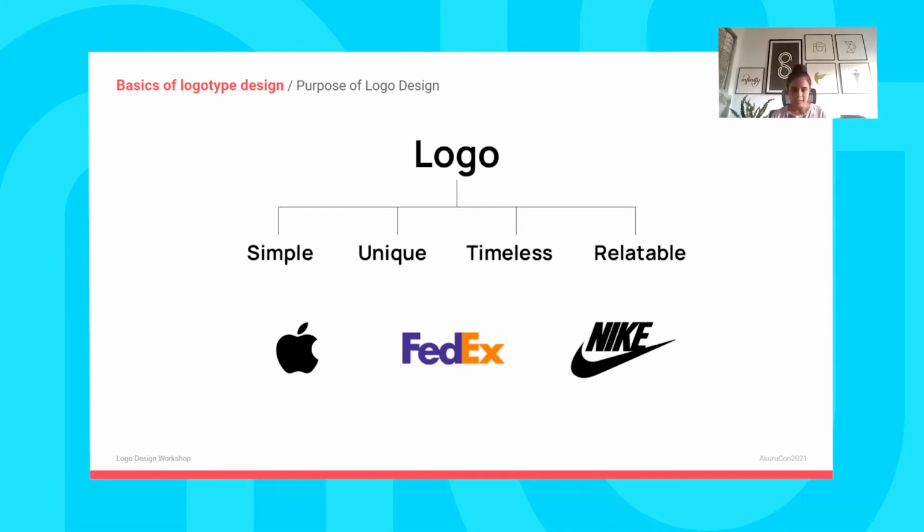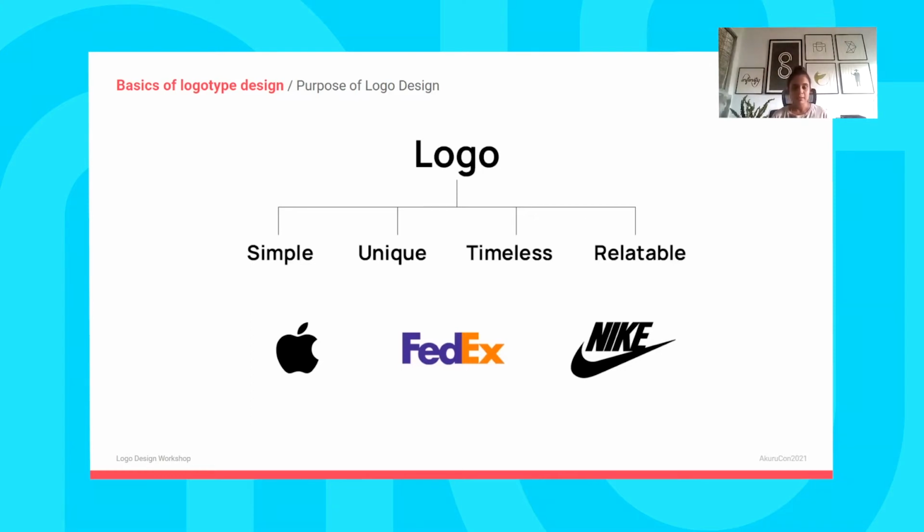And then the logo should be timeless. Most of the logos that are here, like Apple, FedEx, Nike, and many of the other famous brands, were designed in the 1970s. Especially these three logos were designed in the 1970s. So they have been used for about 50 years now, and there's a big possibility that they'll be used for the next decade or two decades.